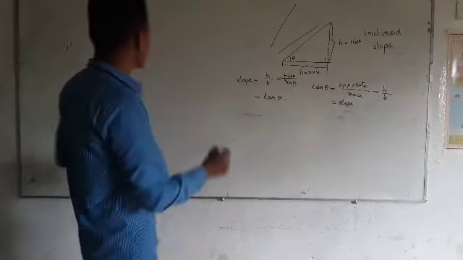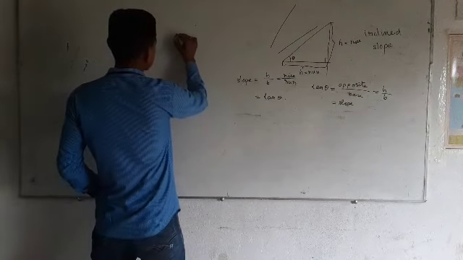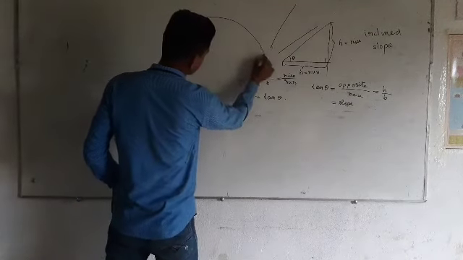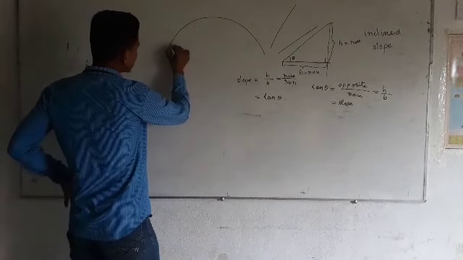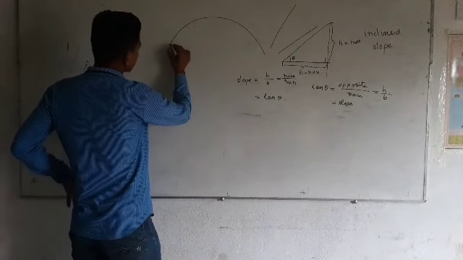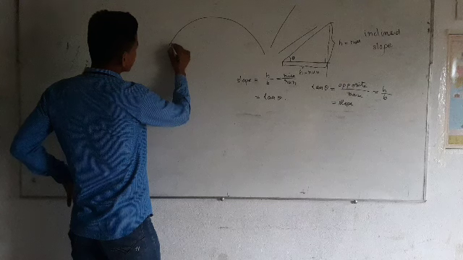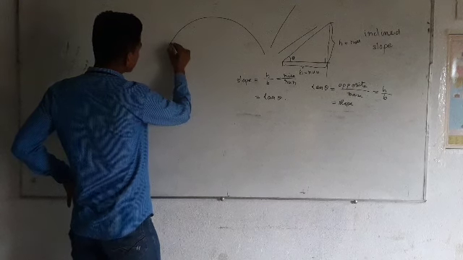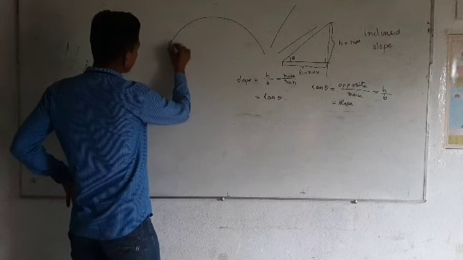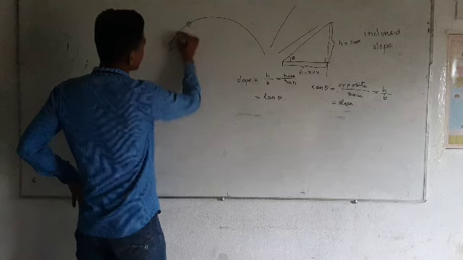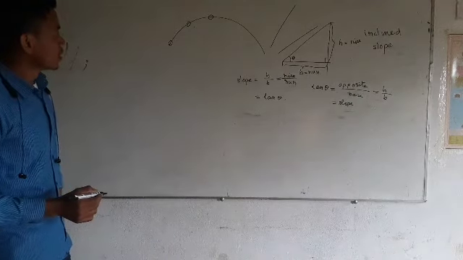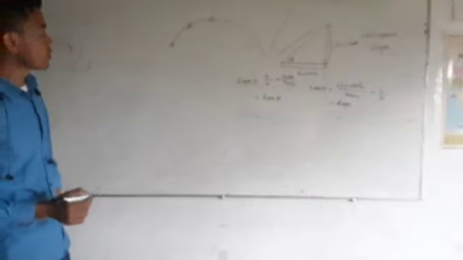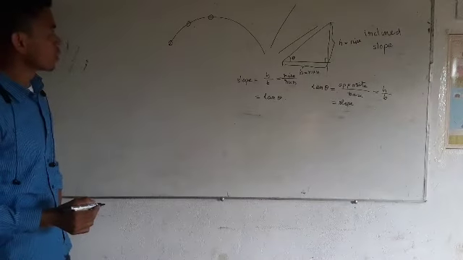But if I find a surface like this, such a curve, the inclination of the slope of the region around this point, and the region around this point, and the region around this point, they all have different values.